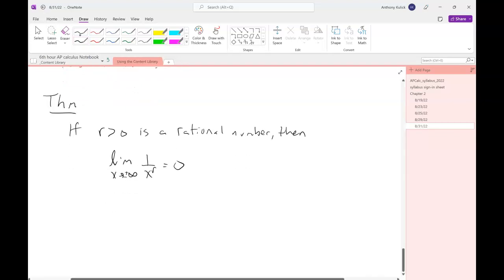What is that, the square root? No, that's an exponent of r. Oh, sorry. So this says the limit as x approaches infinity, positive or negative, of 1 over x to the r is equal to 0.